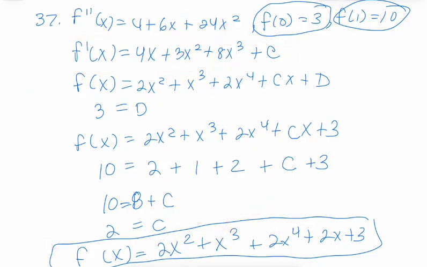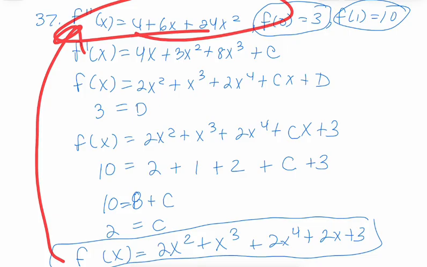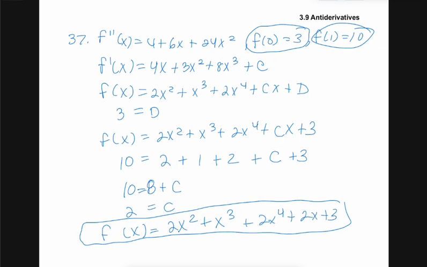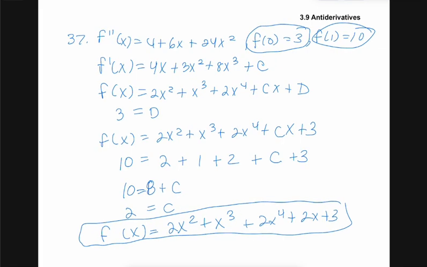If I take the second derivative, I better get that. So you can check your work as you go. These are pretty good to check your final answers because you can do derivatives quicker than you can do antiderivatives. It's like multiplying and dividing. So that's 37. Any questions about 37?